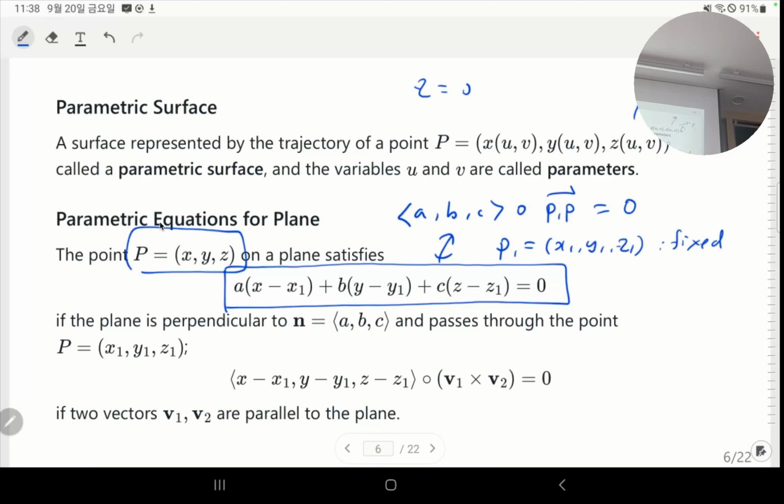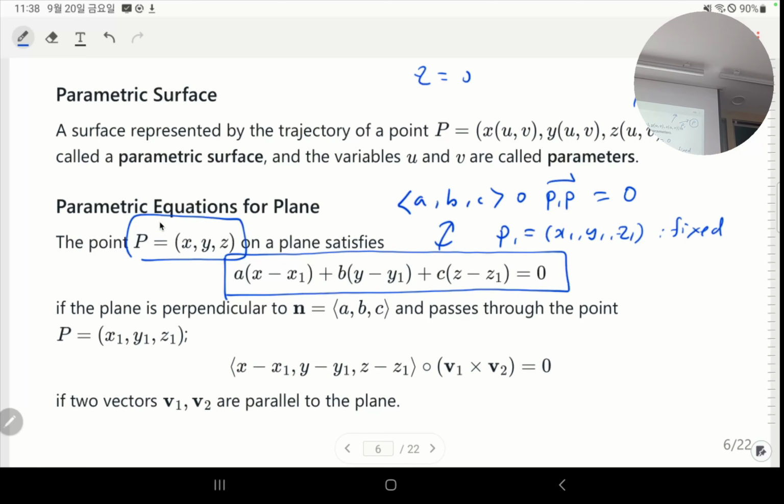So if I take any point P with this property, then I'm taking a point P on a plane which passes through P1 and is perpendicular to the ABC vector. In other words, if you take point P1 and some non-zero three-dimensional vector, then you can always determine a two-dimensional plane in three-dimensional space.